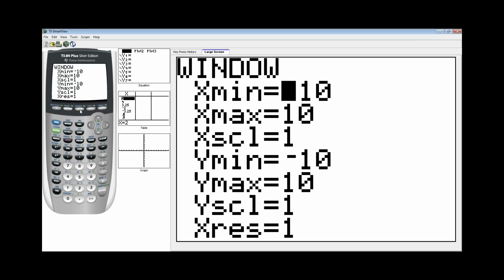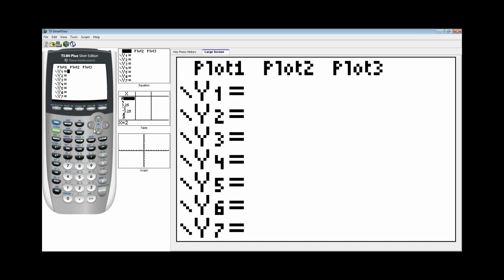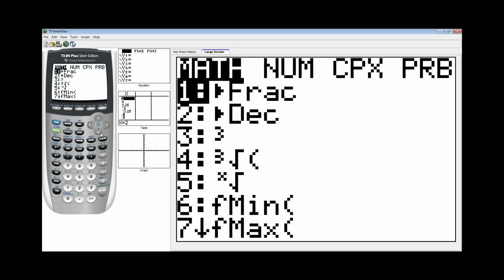Or you could use a shortcut. I'll show you another shortcut to make sure your window fits. There are a lot of ways you can do the same thing with the graphing calculator. Anyway, if we go to Y equals and we want to graph the cube root of x, we press math, and then we select the cube root, which is option 4.